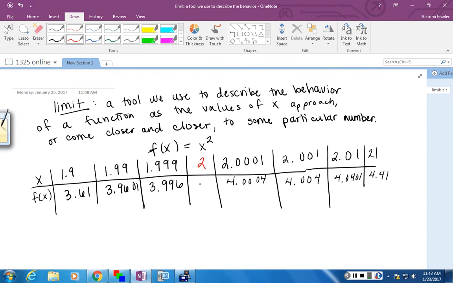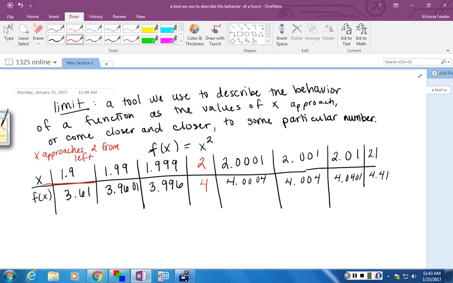and we know what the value of y is when we square x, right? And so what we're doing is, if I'm going to, let's say, get closer and closer to 2 from the left side, so something smaller than 2, let's write that here. We'll put x approaches 2 from the left.